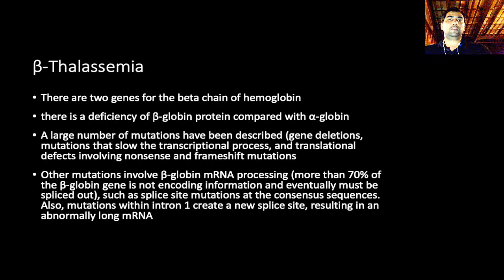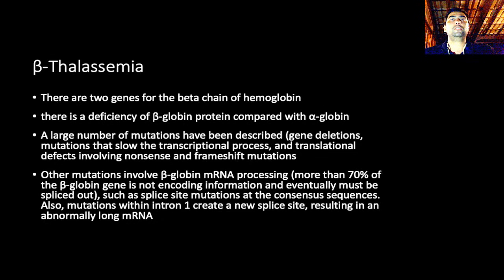There is a deficiency of beta-globin protein compared with alpha globin. A large number of mutations have been described. Gene deletion mutations slow the transcriptional process, and translational defects involve nonsense and frameshift mutations.